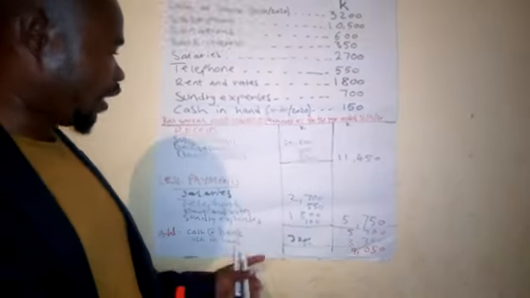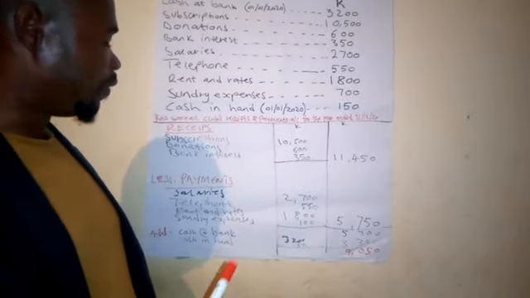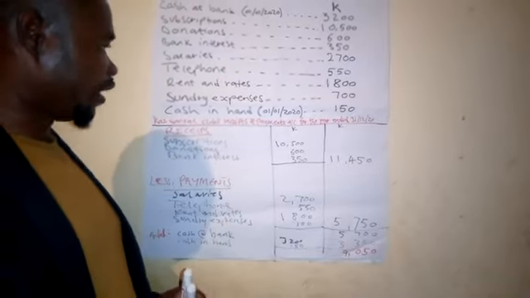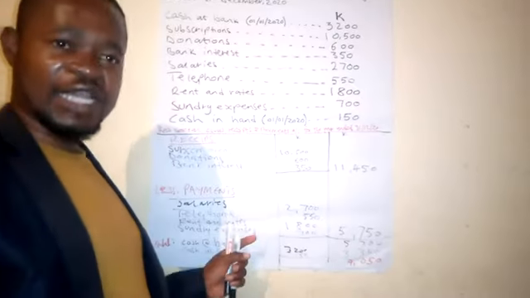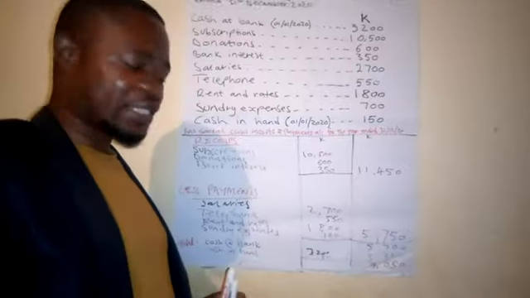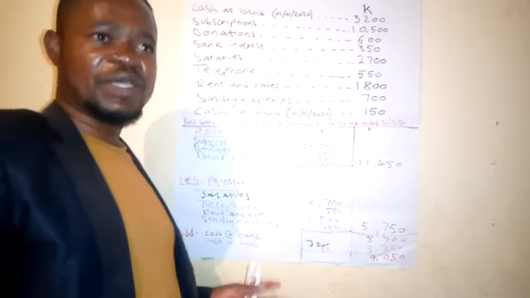From here, using the same information, we'll also prepare the income and the expenditure account. So let's see how we can prepare the income and the expenditure account.